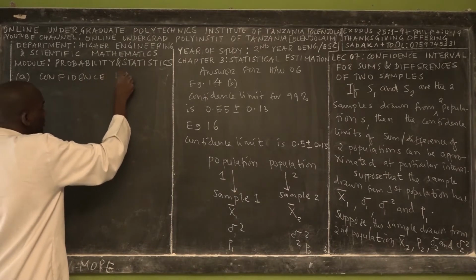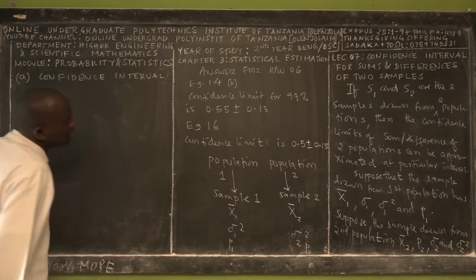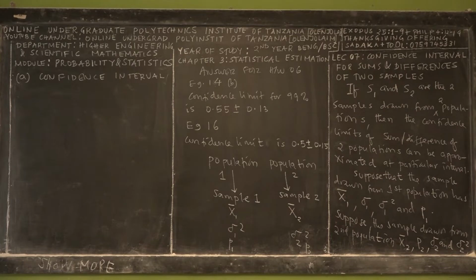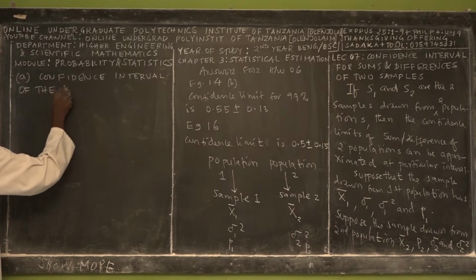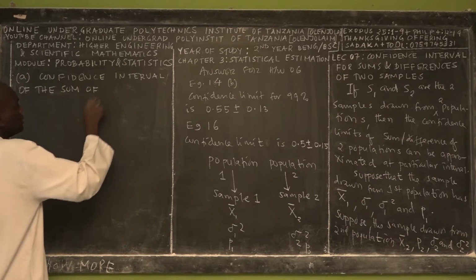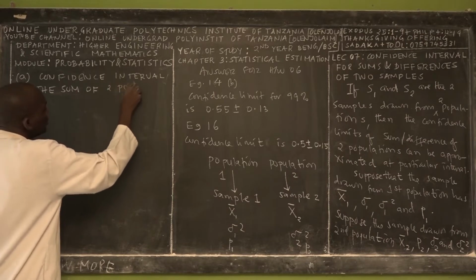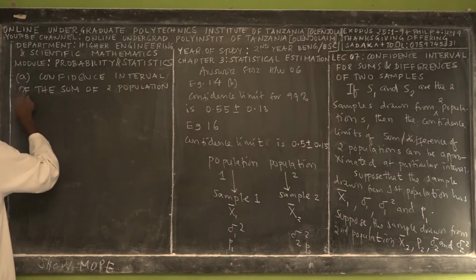Confidence interval for what? Confidence interval of the sum of two population means.